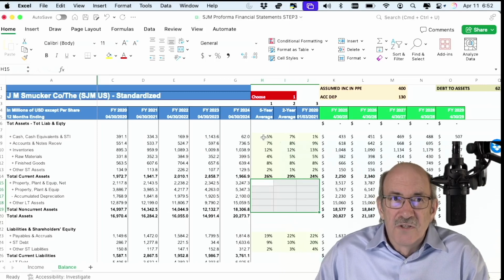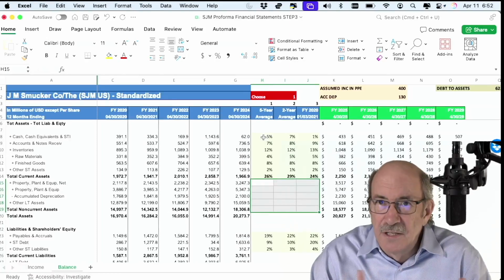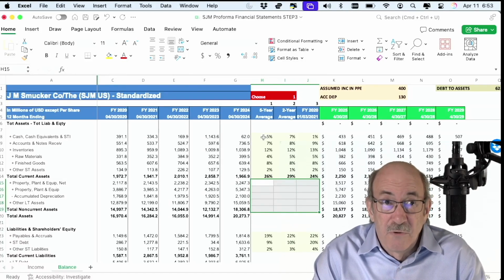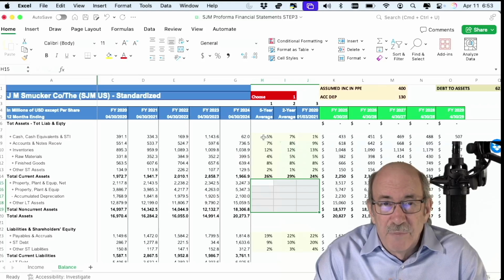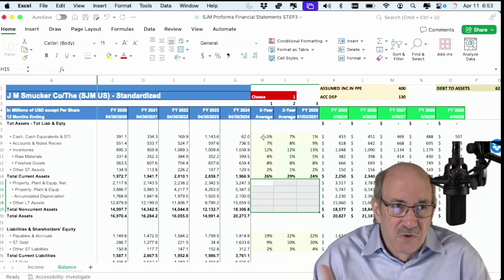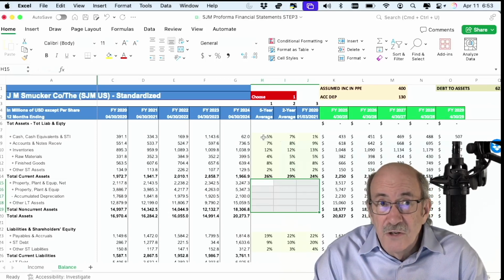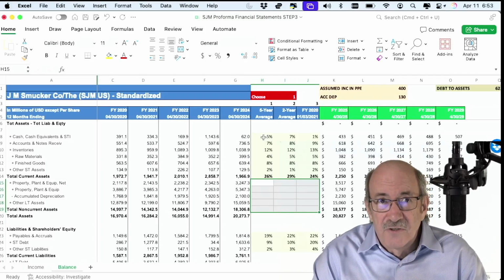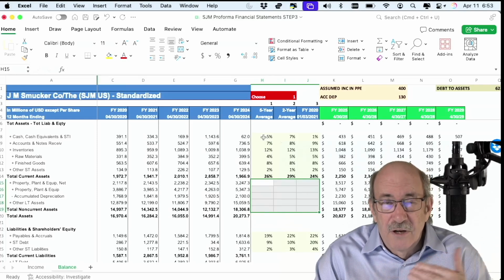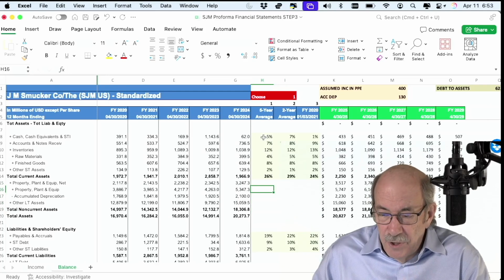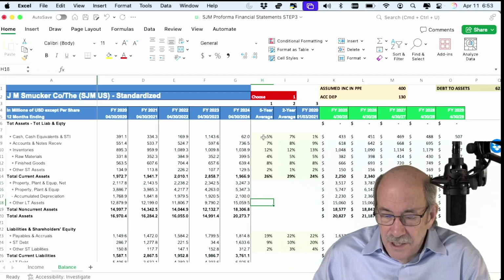The reason is that, if you'll remember chapter 19, fixed assets don't necessarily change spontaneously with revenue. If we have a plant with some excess capacity, we don't need to increase fixed assets necessarily to support a higher level of sales. So we're going to leave that for the moment. We'll come back to it in a bit.